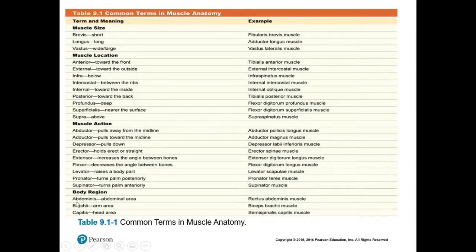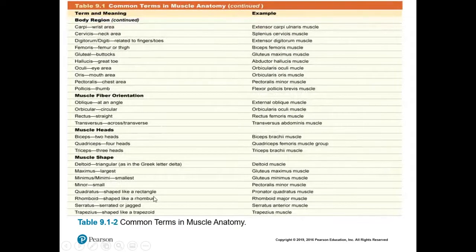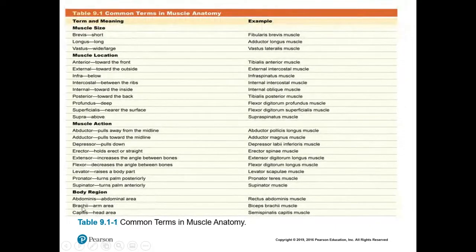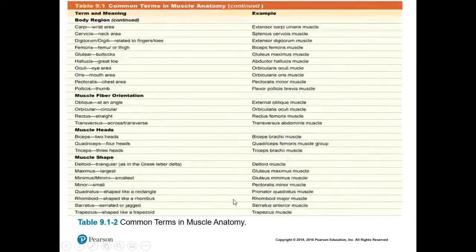In the body region, we have abdominis, obviously the abdomen. Brachii, the brazos, the arm, if you know Spanish, it helps a little bit, right? Capitis, cabeza, right, the head. Carpi would be the carpals, which is the wrist, obviously. Cervices is cervical, which is the neck. Digitorum is the fingers. Femoris is the femur.